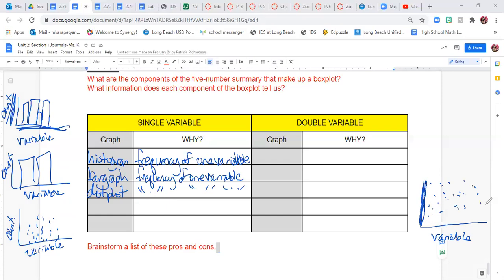Are we giving a count, or are we comparing it to another variable? Look at the y-axis. Okay, we aren't counting. We're comparing it to another variable. So for a scatter plot, we're doing variable versus variable, right? So this is actually a double variable.